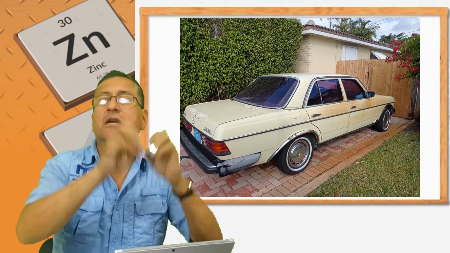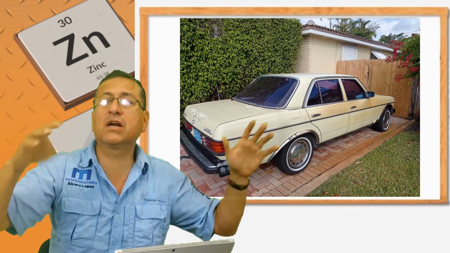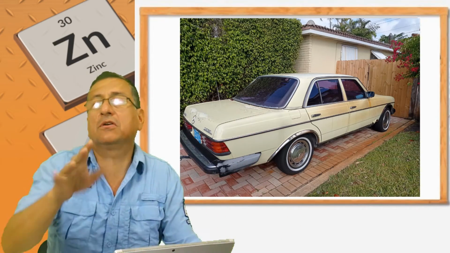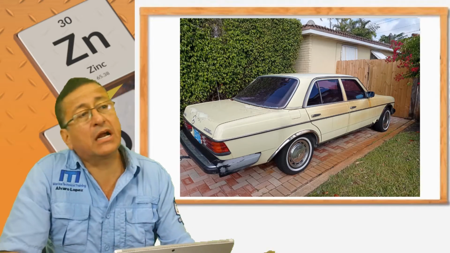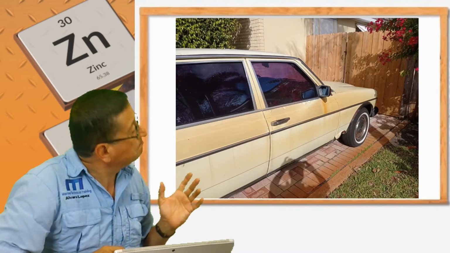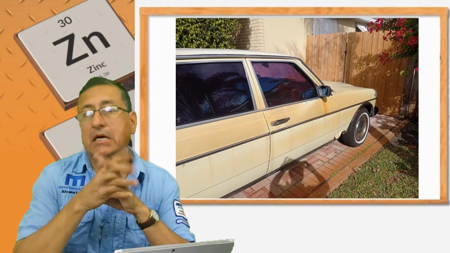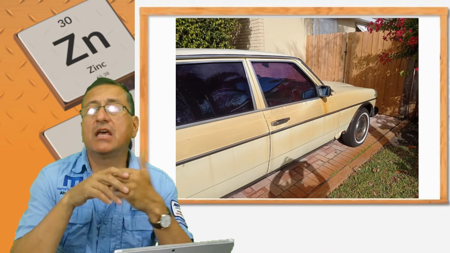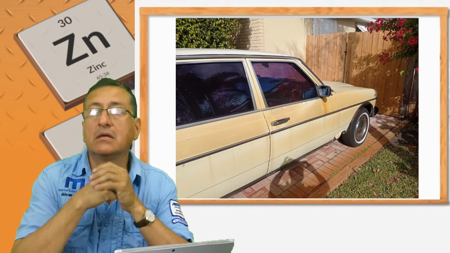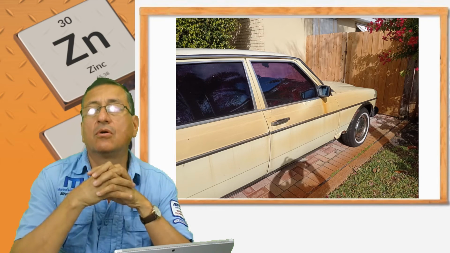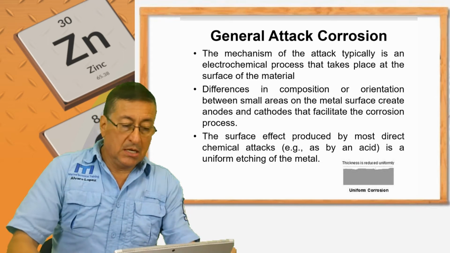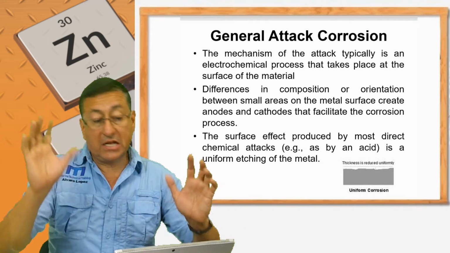And those sprinklers send water over the surface of your car. For that reason, at the beginning, your car is a little yellow. But one year exposed every day to that rain will be corroded and destroyed. Be careful with that. This is the general corrosion.